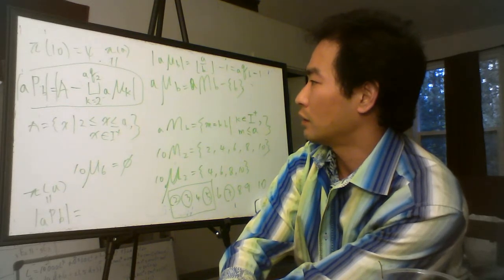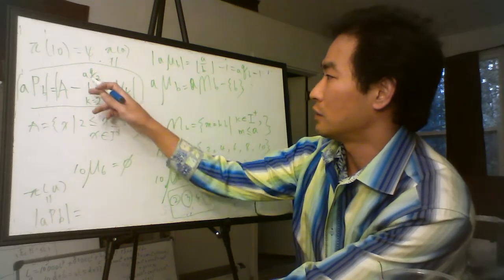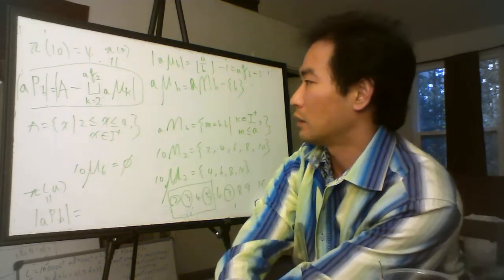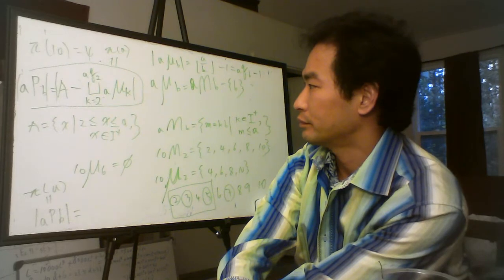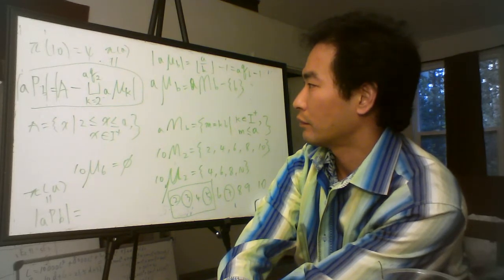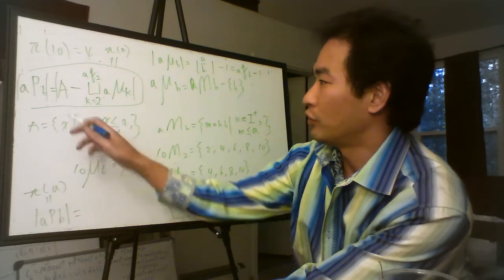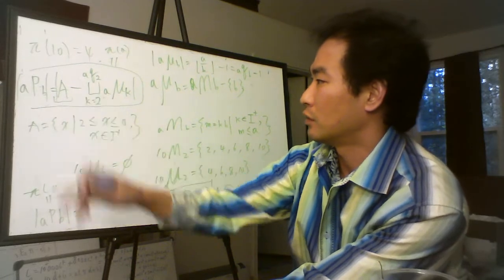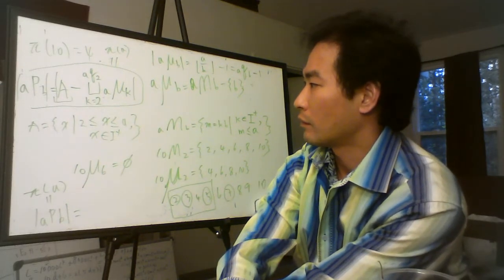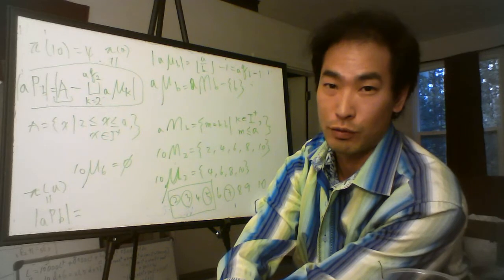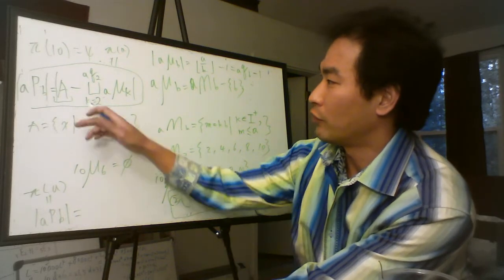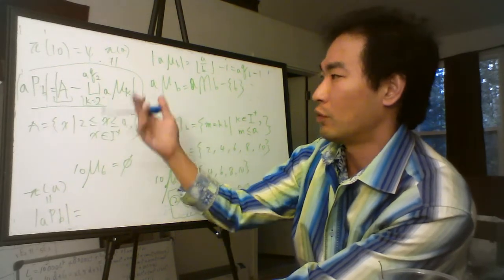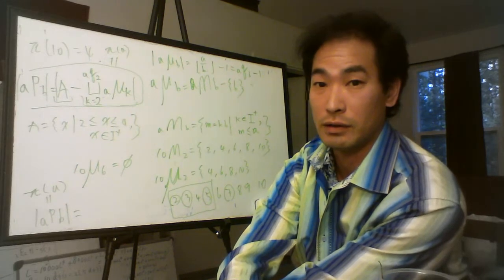To do that, we need to know what this guy is, right? Because we know what this guy is. It's just a minus 1. And once we find this guy, all we need to do is subtract.